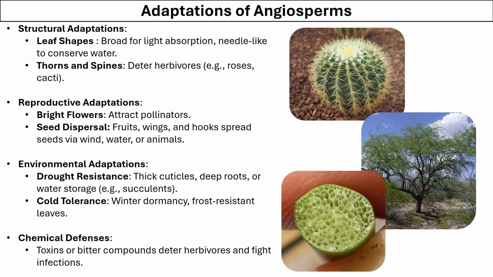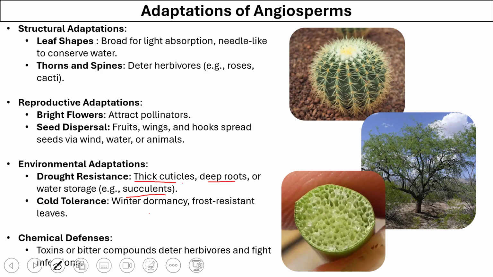Angiosperms are also adapted for harsh environmental conditions, for example, drought conditions, by the presence of thick cuticles and deep roots that help in conserving water. They may also have a succulent form, which is a method of storing water inside their plant structure.